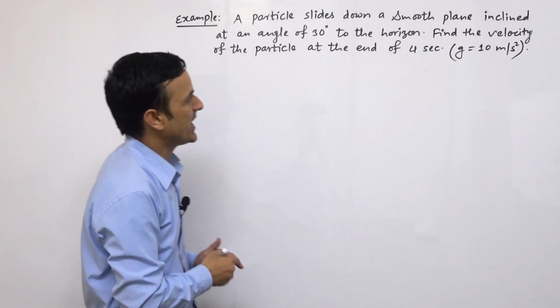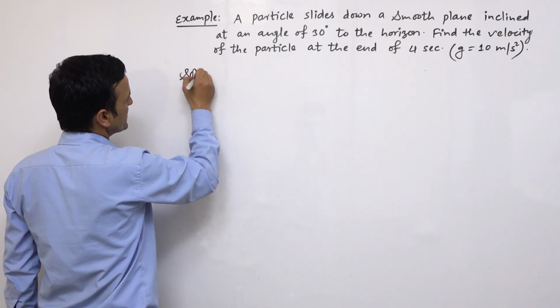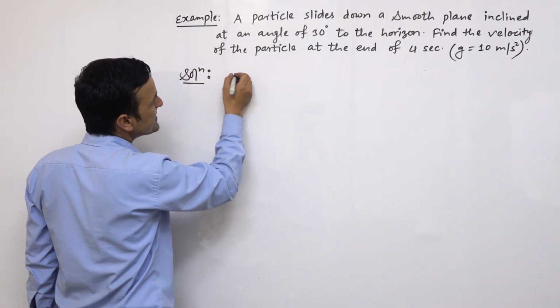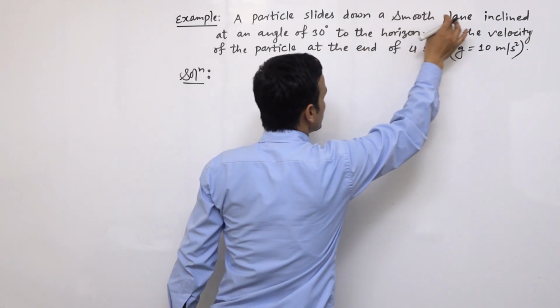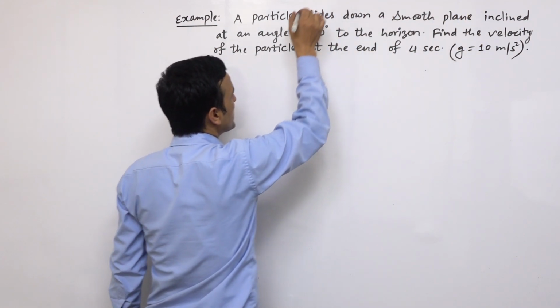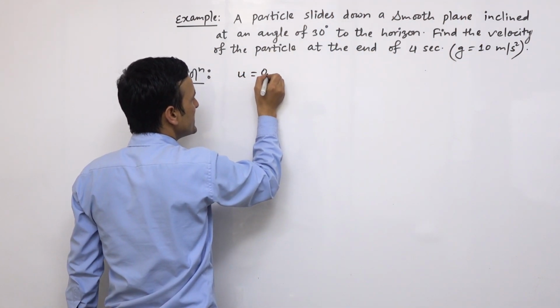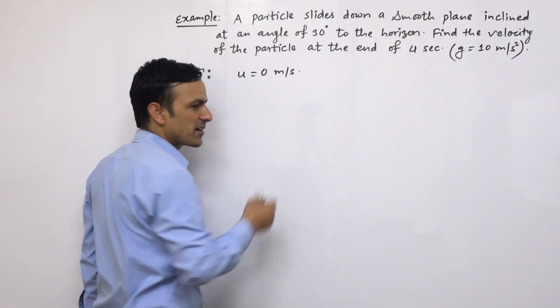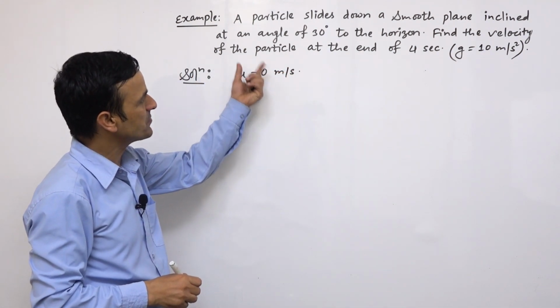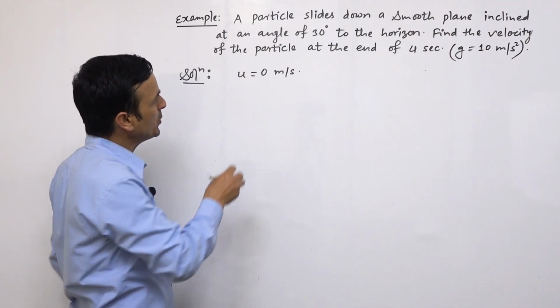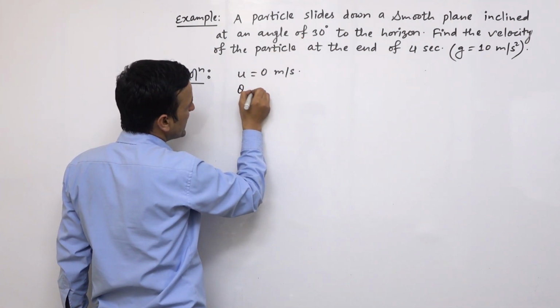So from this information we can write down: it slides down a smooth inclined plane, so the initial velocity is 0, starting from rest, and θ is 30 degrees.